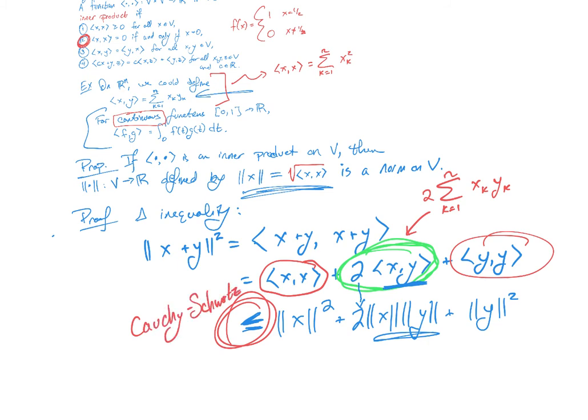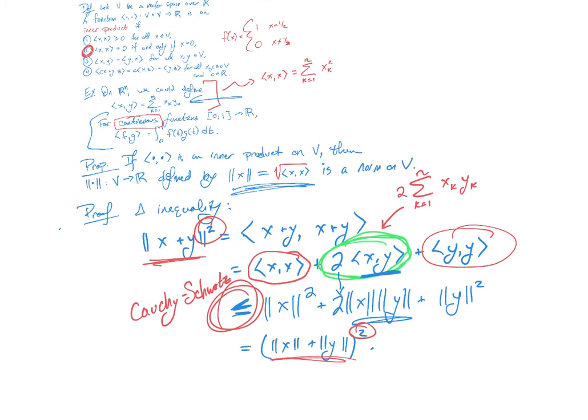Now, we're going to prove that next. I'm just using it here, but I promise I will prove it next. And then this is just the norm of x plus the norm of y all squared. We started out with a squared norm, and we've got a squared norm. So the norm of x plus y is at most the norm of x plus the norm of y.